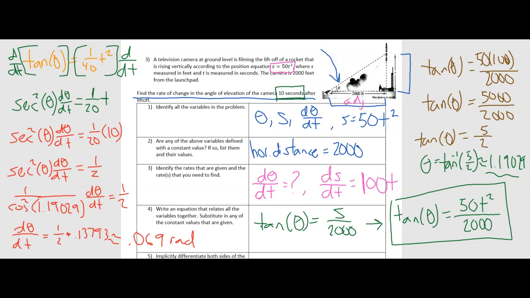I'm talking about how that angle changes, in radians per second. You could use degrees, but most of the time in calculus, we're assuming radians unless we're specifically told. You could give an answer in degrees. Your units would just be different, and you need to make sure your calculator was in degrees when you were performing the work. But unless told differently, perform your calculations in radians. That's what's expected when you're doing a calculus problem.